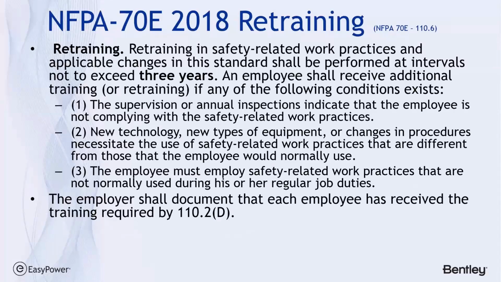I like to emphasize the retraining that's required by NFPA 70E 2018, and that is every 3 years or anytime the system's changed or anytime someone is observed not employing the safety work practices.